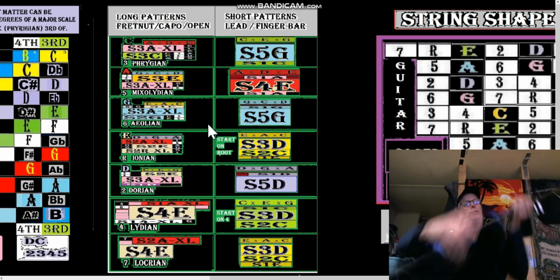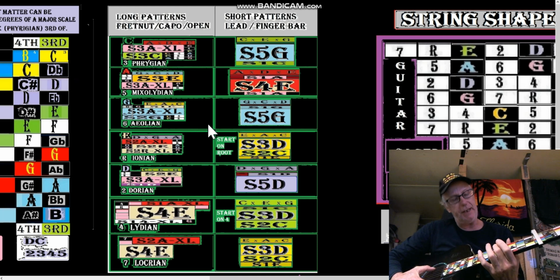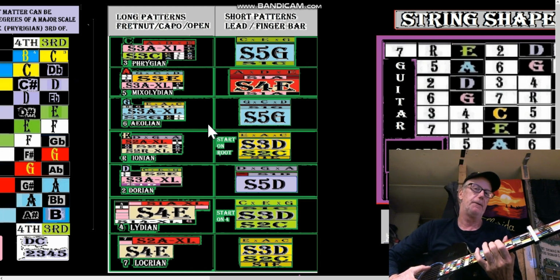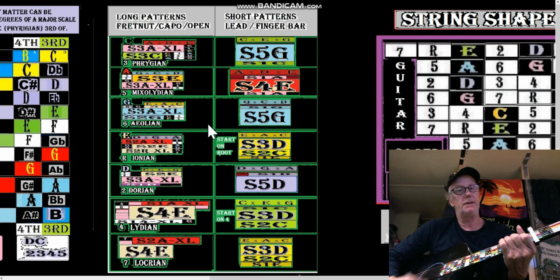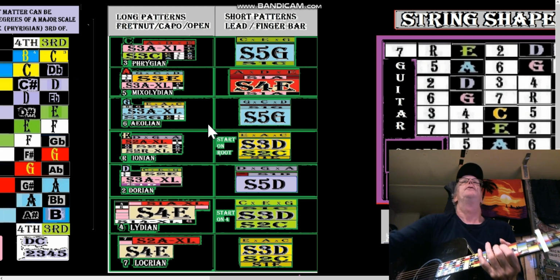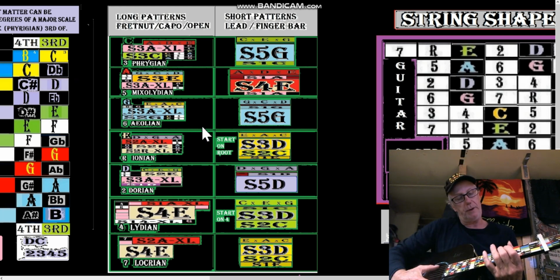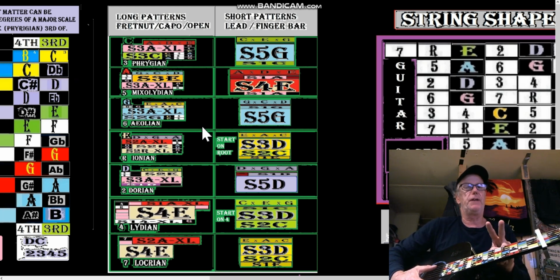Say you're on this dot, say you're on the A dot, and once you know what scale degree that A dot is of the key that you're playing in. So if you're playing in C, that scale degree is going to be the 6th scale degree. Then we get to the point where we can do 2 string shapes off that 6.